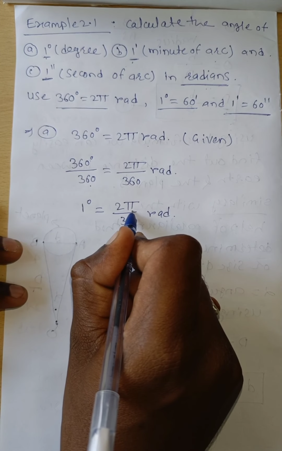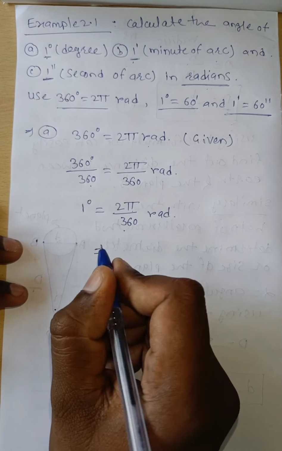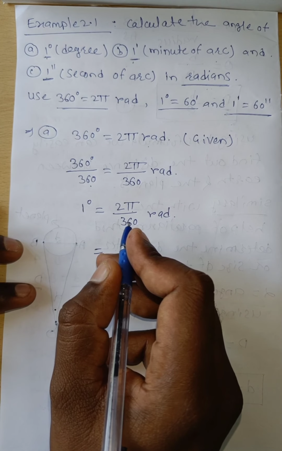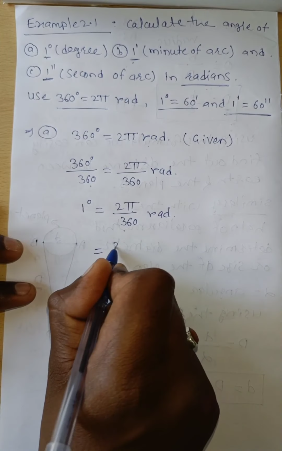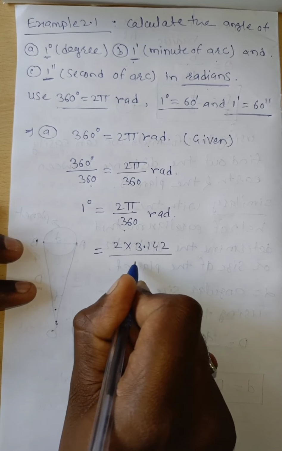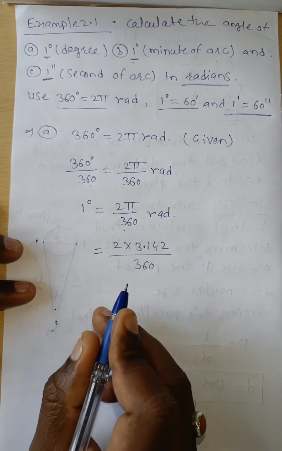Then put in the value of pi. What is the value of pi? The value of pi is 3.142. Therefore 2 into 3.142 divided by 360.